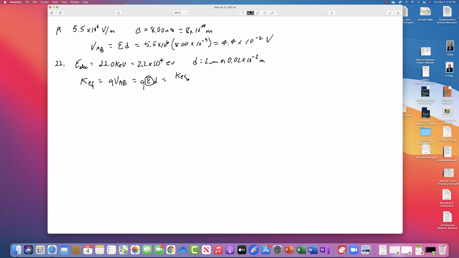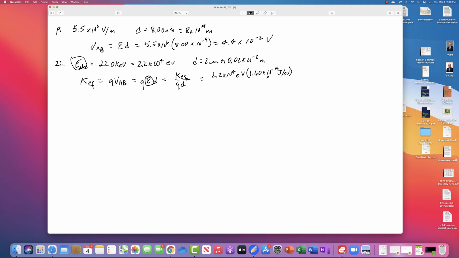KEF, which is what this is, divided by QD. And so that's equal to 2.2 times 10 to the 4 EV. And to change that to joules, it's 1.60 times 10 to the minus 19 joules per EV.